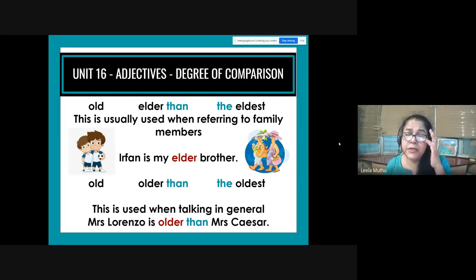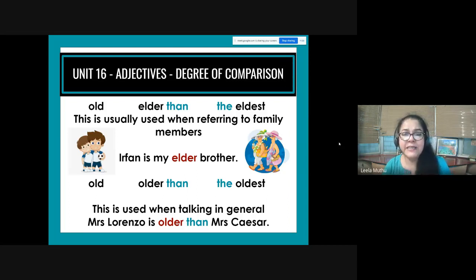We use elder than for our relatives or very close relations like brothers, sisters, uncles, aunts. My mom is younger than my father, or my father is elder than my mom. So this is the way we use the different degrees of comparison when we use the positive degree, the adjective old, older than, or the oldest, or elder than, or the eldest.